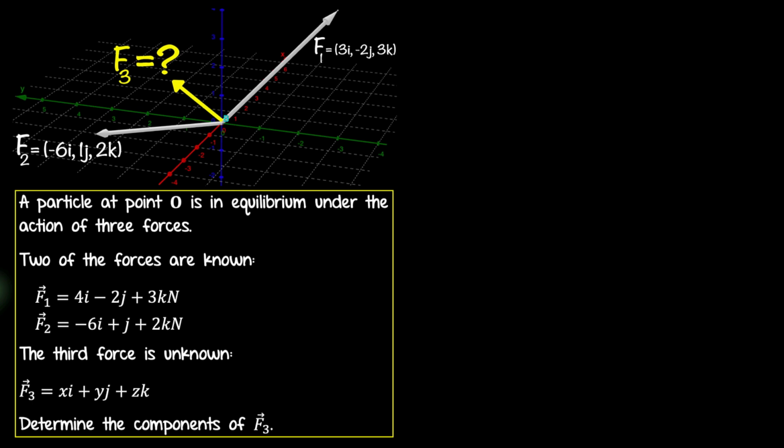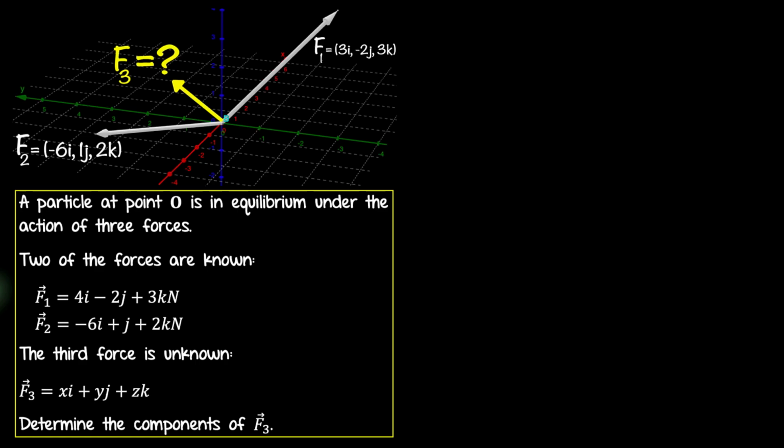So let's do that. Now, in order for a system to be in equilibrium, we know that its forces must be balanced in all directions. So that's the condition that we have to set for equilibrium.